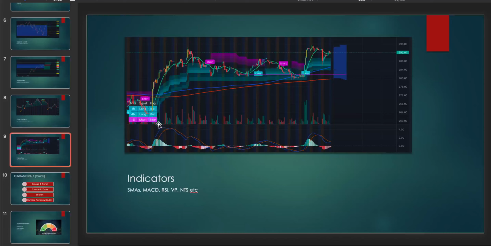And basically it gives you some moving averages, some long signals, some short signals, some bull and bear flags on different time frames as well, depending on what you're looking at. And you can combine that with other indicators such as the MACD in this case, or the RSI and volume profile, for example. Okay, so that is basically the technicals.